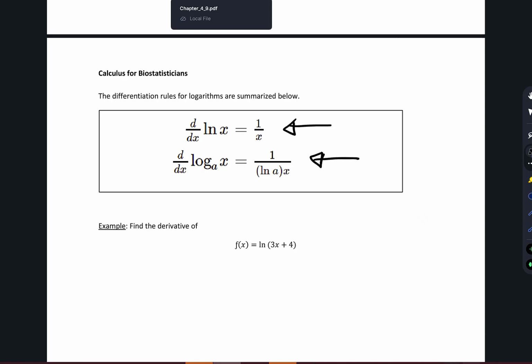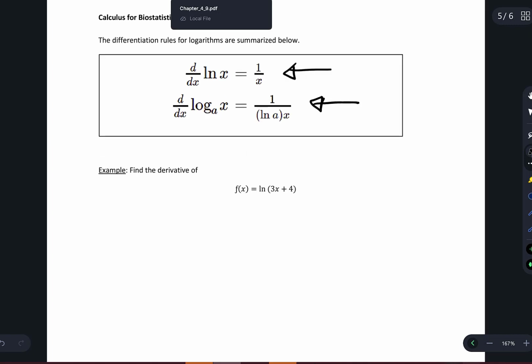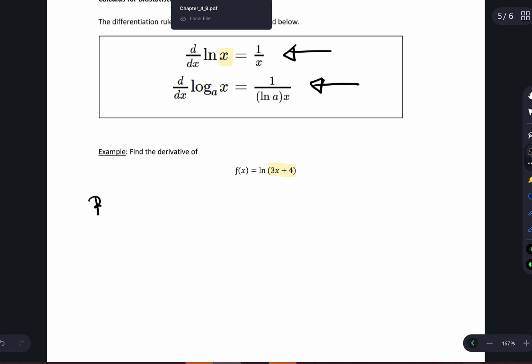So we're going to look at finding the derivative of the natural log of 3x plus 4. Well, up here we know that the derivative of the natural log when we just have x is equal to 1 over x. Here, instead of x, we have a function of x, so we are going to apply the chain rule.